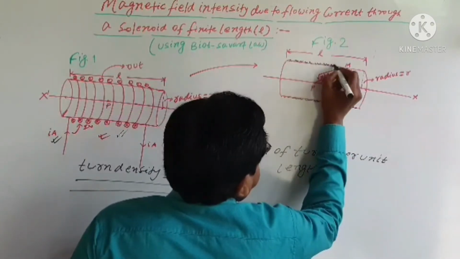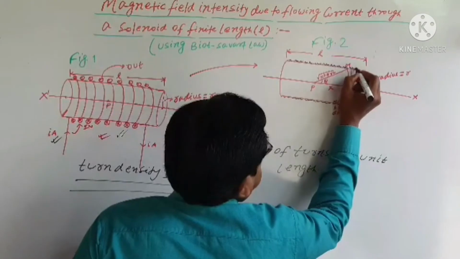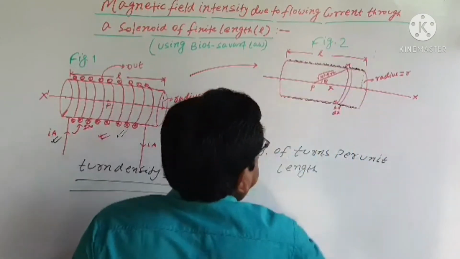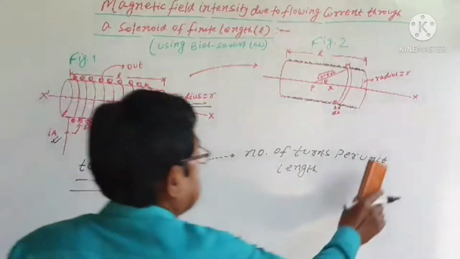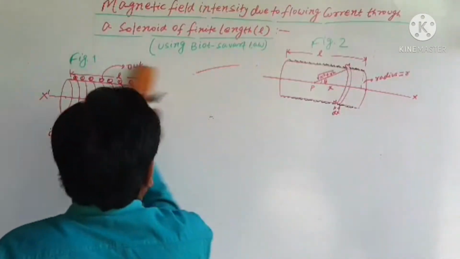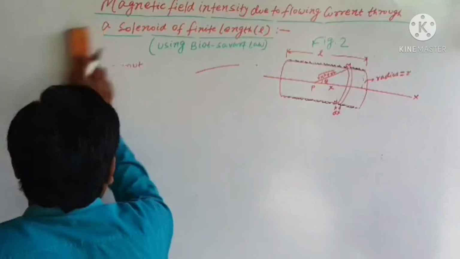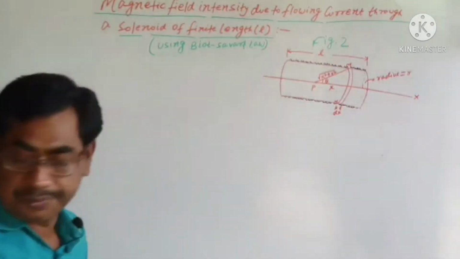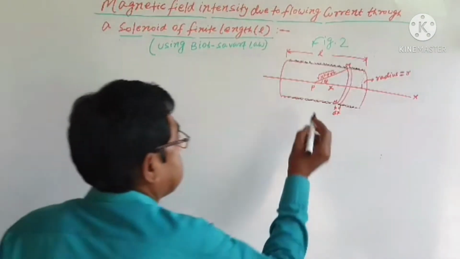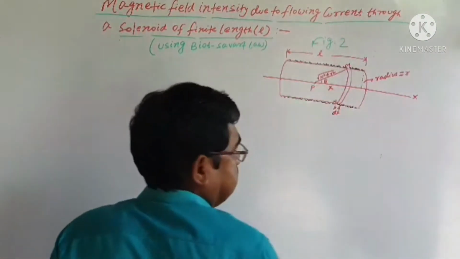It seems as such. Okay. Now, with the help of this figure, we derive the entire magnetic field intensity at point P.